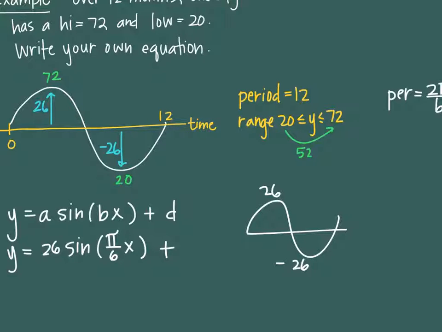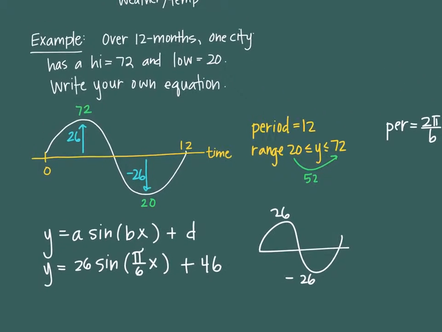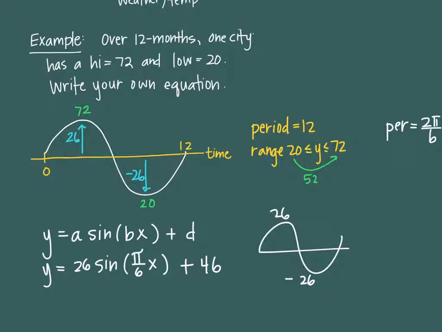What's the gap between the amplitude and the high value? Yeah, that's why I told you to have your calculators out. Okay, 46. That's the difference between 26 and 72. So you just wrote your own model. So you'll be given data, and you create the model for the temperature.